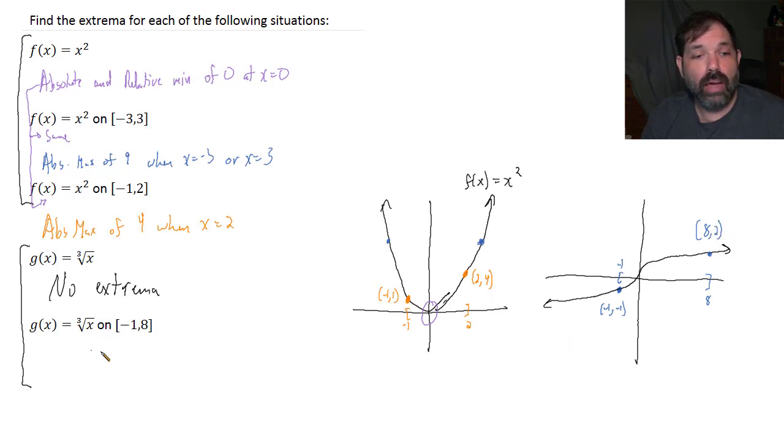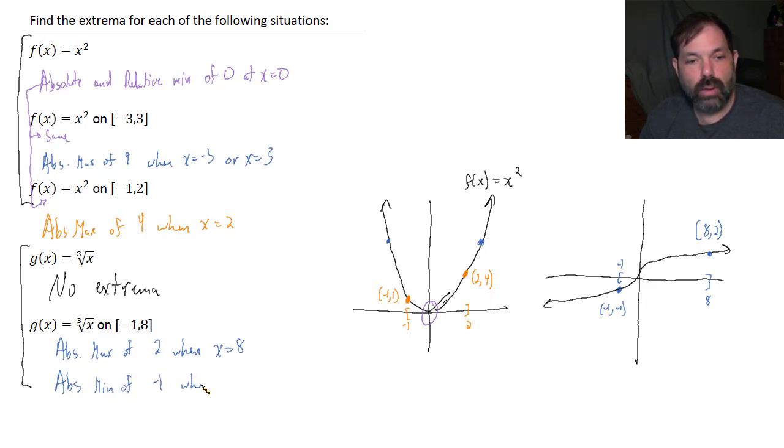Now, we would have an absolute maximum of 2 when x equals 8, and an absolute minimum of -1 when x equals -1. So again, by introducing a restricted interval on the function, we can now get absolute extrema.